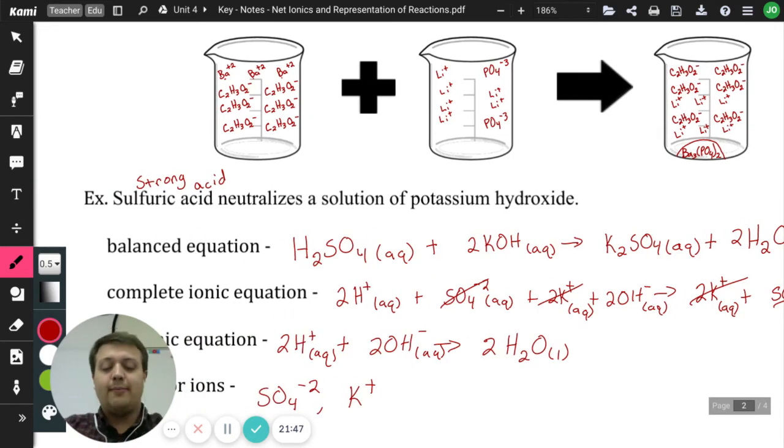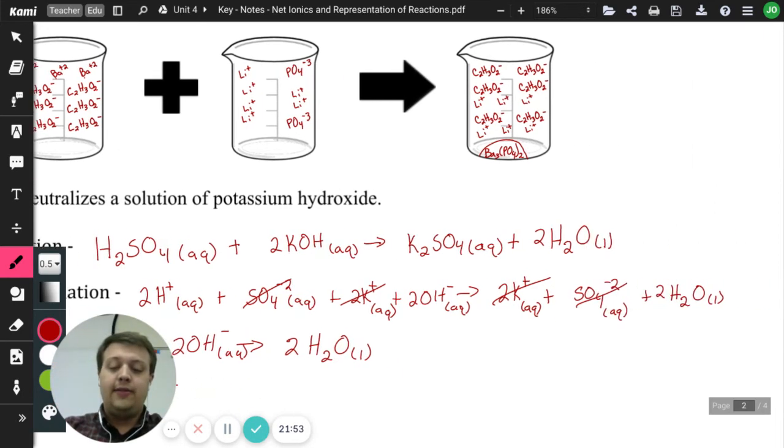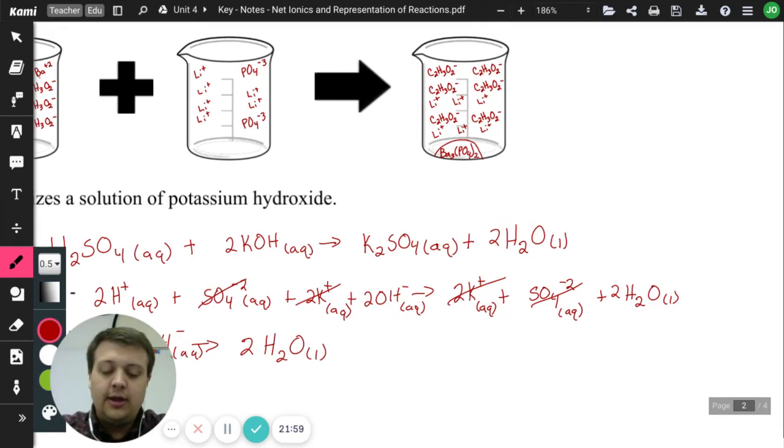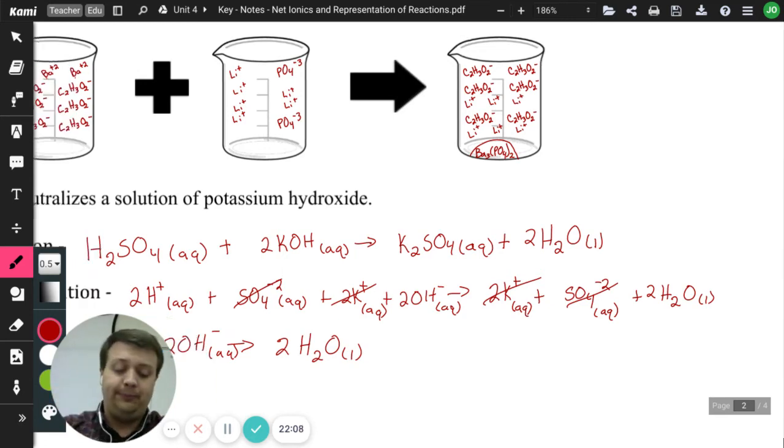Okay? So I do have my H2SO4. I separated it into 2 hydrogen ions and 1 sulfate ion. Then I did the same thing with my KOH. I had 2 potassium ions, 2 hydroxide ions. That produced 2 potassium ions, 1 sulfate ion, and we were left with that 2H2O.